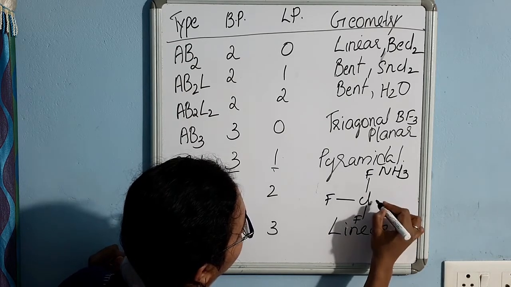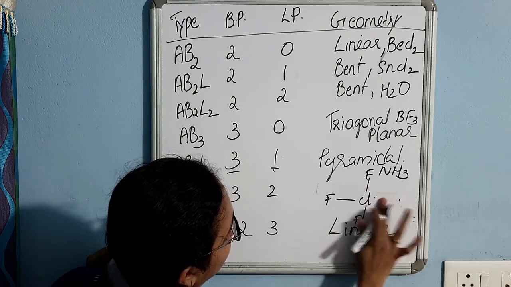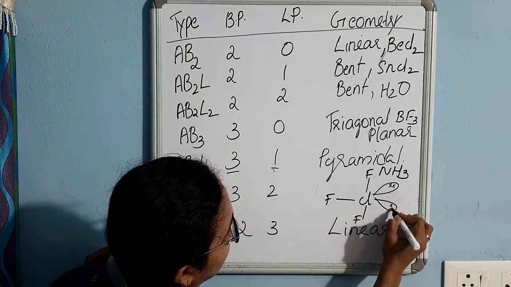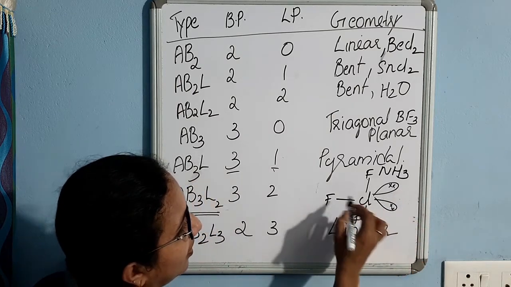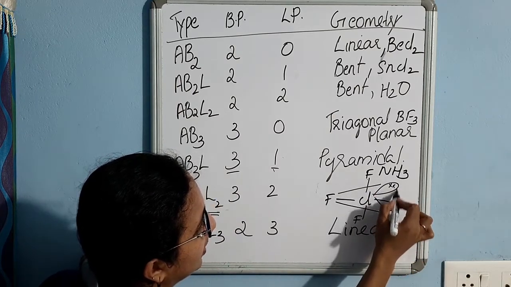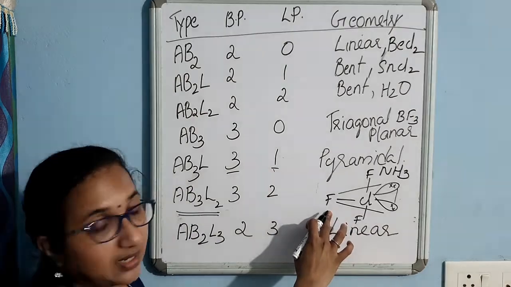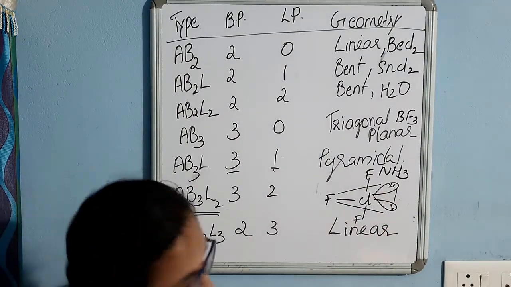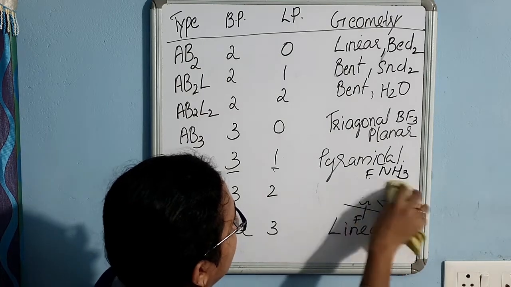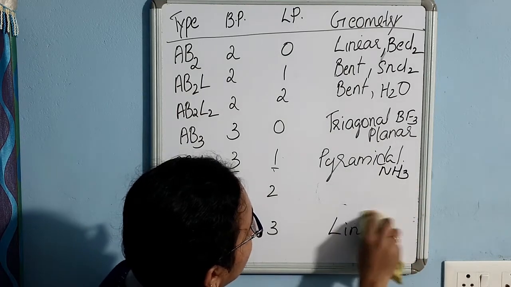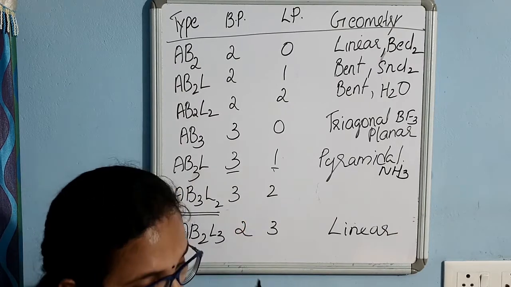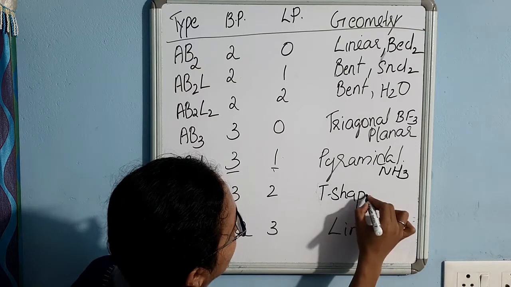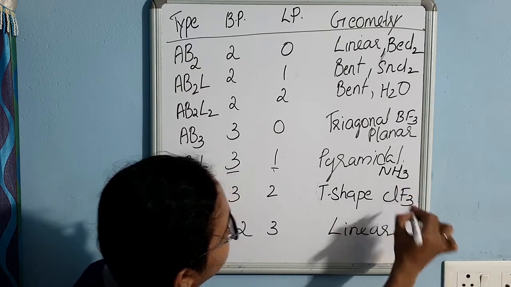So we have 2 equatorial hybrid orbitals containing the 2 lone pairs, and the third equatorial hybrid orbital will be a bond pair. So this way it will get the T shape. So that is the geometry of a molecule containing 3 bond pairs and 2 lone pairs. Shape is T shape, example ClF3.